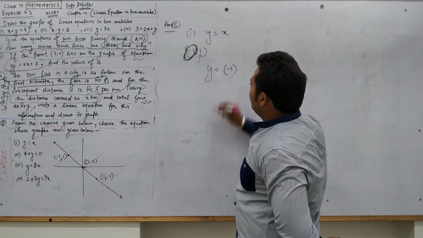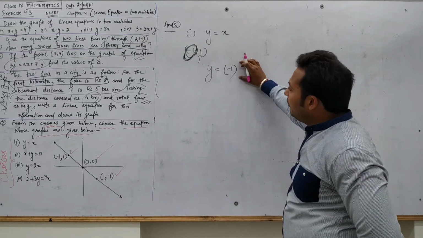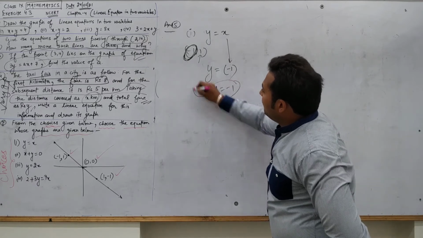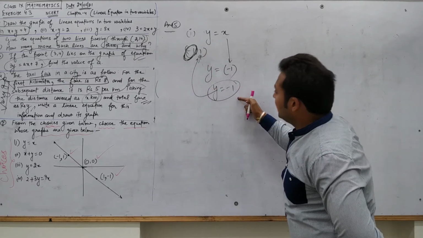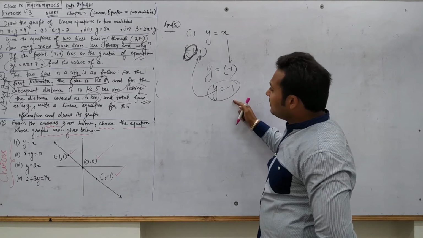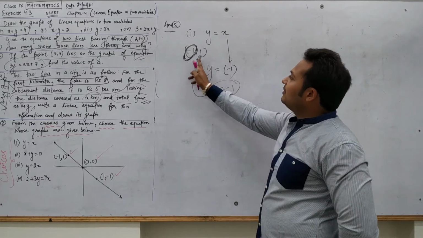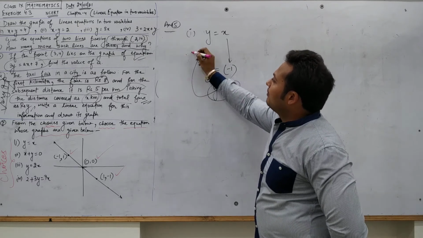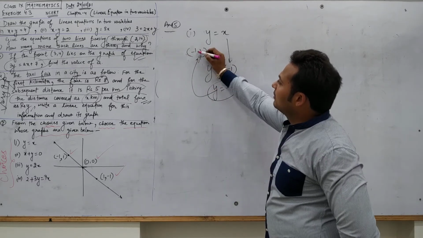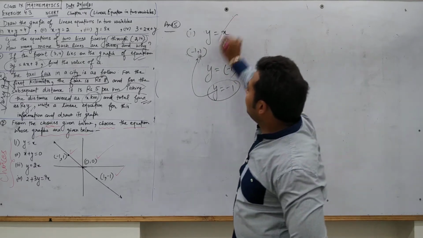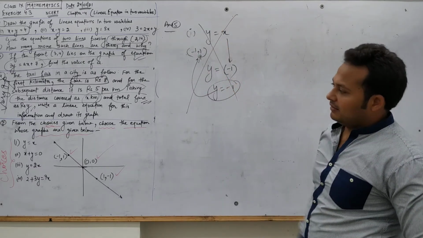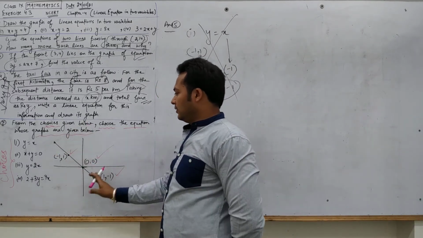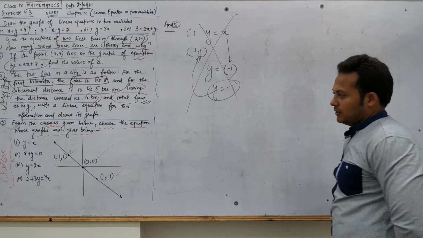Whenever I put the value of x equals minus 1, the value of y would be plus 1, but here it is minus 1. It means that it is not satisfying this point. It is not satisfying minus 1 comma plus 1. So this point does not satisfy this equation. This choice does not fit this equation.